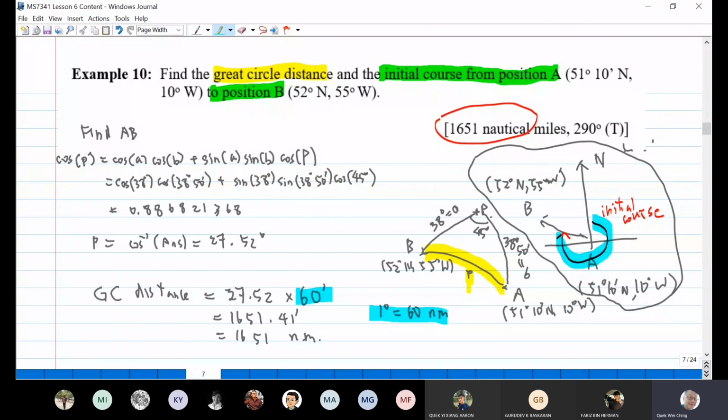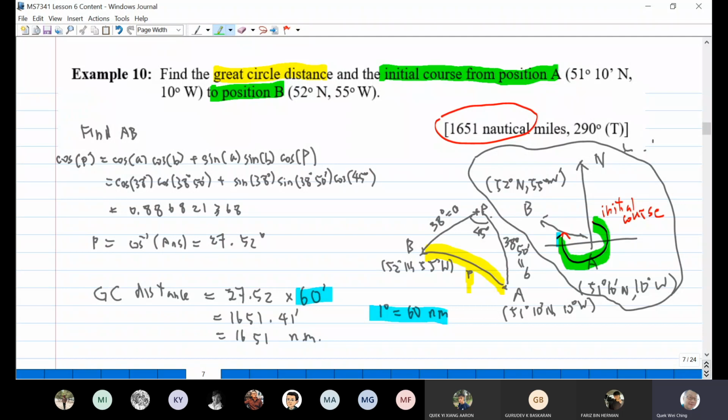I'll change the color to green. Okay, green color, initial course.